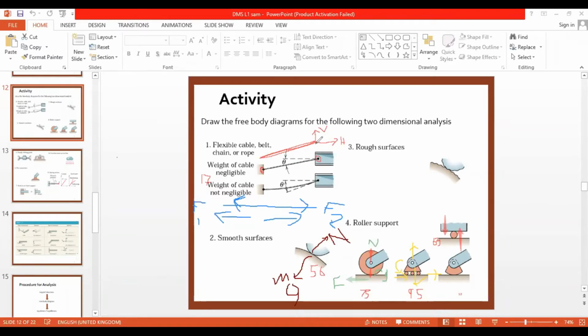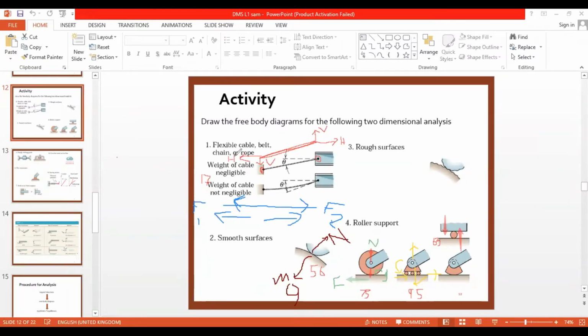If V is acting upwards here, we usually put V downwards on the other end. Similarly, if H is acting in the positive x direction, then on the other end we put an H acting in the negative direction.